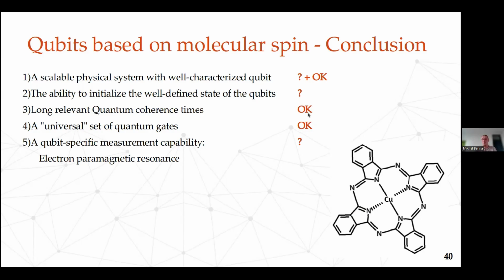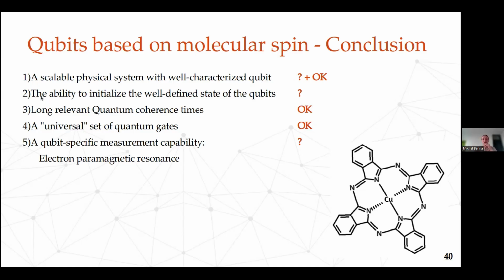It can be well defined. Therefore, this is okay for the second part. But scaling up the system to combine different molecules together is what is under research right now.